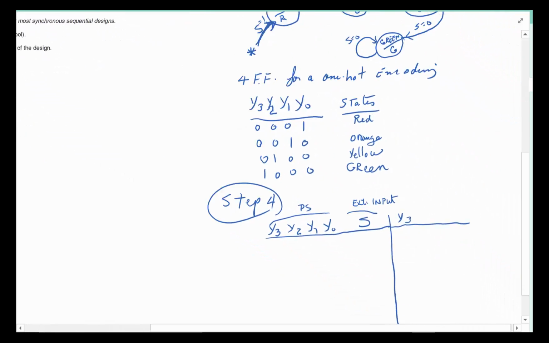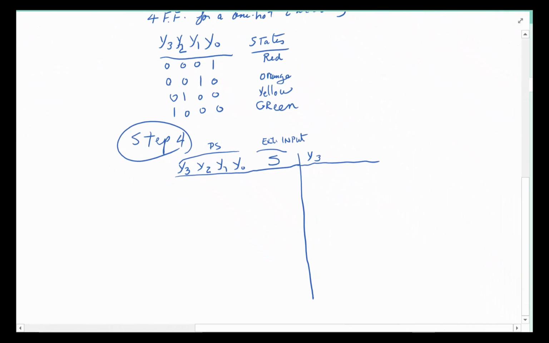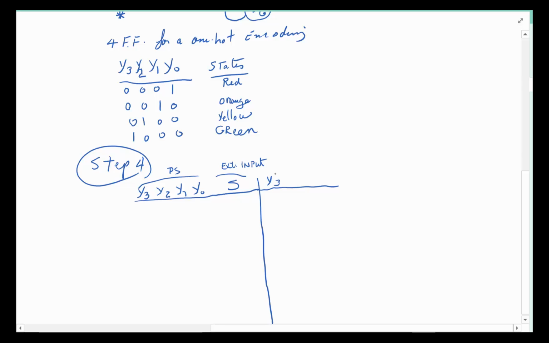But first you have to write the y plus, then use the y plus to figure out what the D is. So we're going to do y plus 3, y plus 2, y plus 1, y plus 0. And at some point, of course, we've got to come back and do the output.